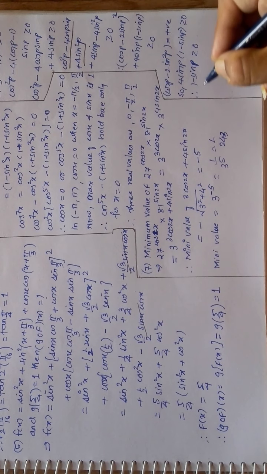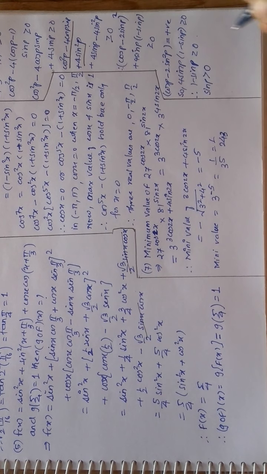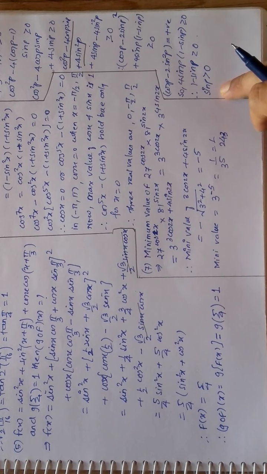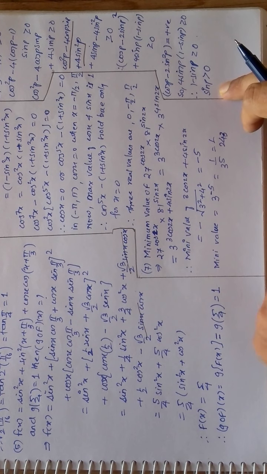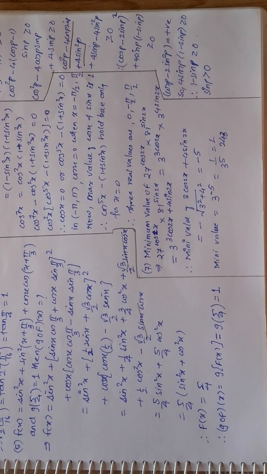To make this true, sin p must compulsorily be positive. Right? Now, think on this, why I am taking it positive. I will not tell you now, I want you to think what would have happened if the value were negative, because the value of sin p lies between minus 1 and 1, right? So why is it compulsorily taken more than 0, not less than 0? Okay, think on it, you will come to know.